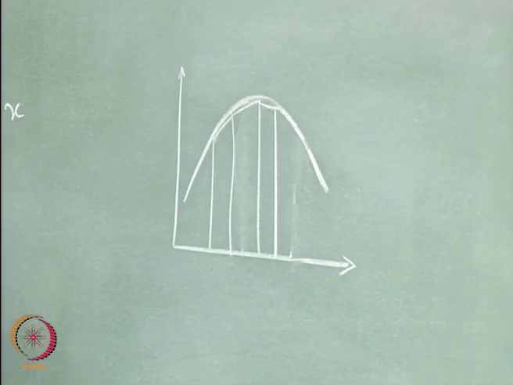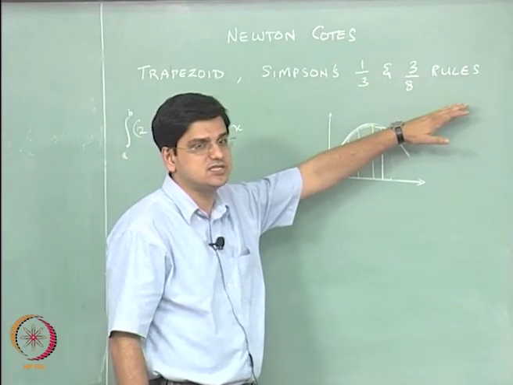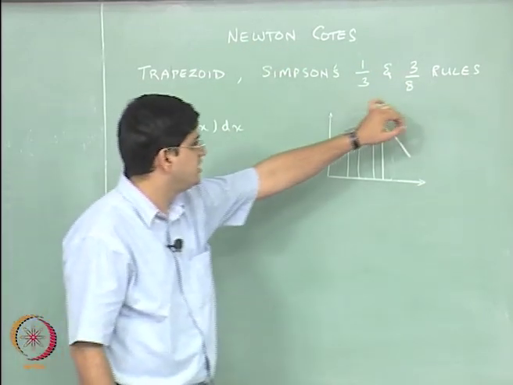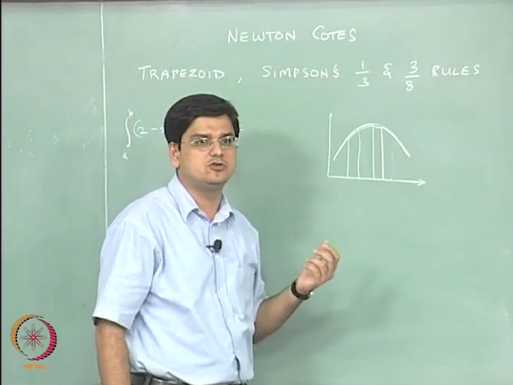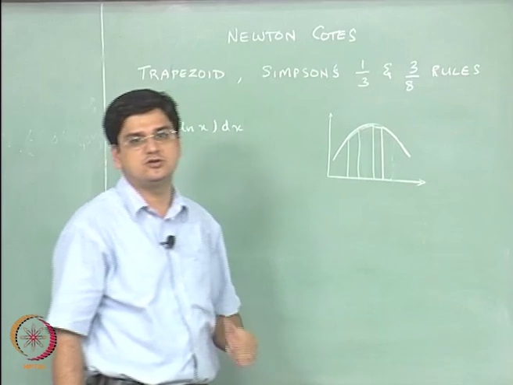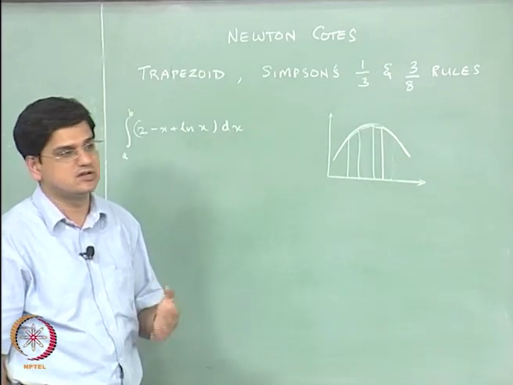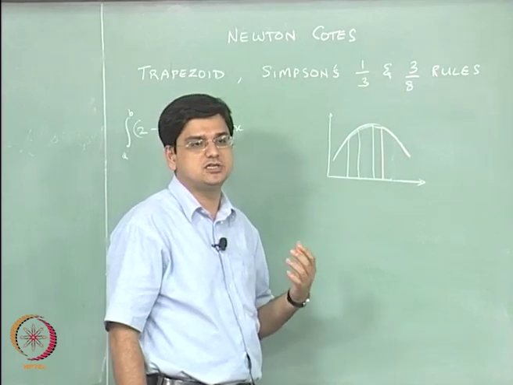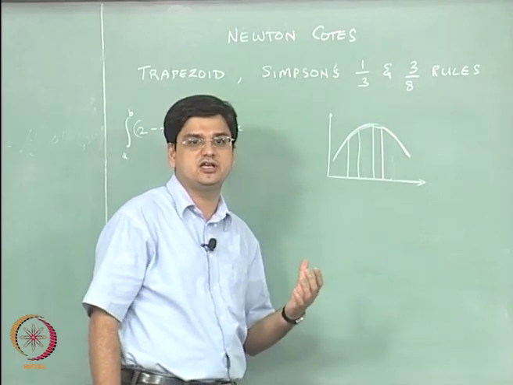We saw again that the Simpson's 3/8 rule results were more accurate than the trapezoidal rule, and indeed more accurate than the Simpson's 1/3 rule, but the difference in accuracy between Simpson's 3/8 rule and Simpson's 1/3 rule was not that significant. We will take another example in today's lecture, a more chemical engineering example if you will.